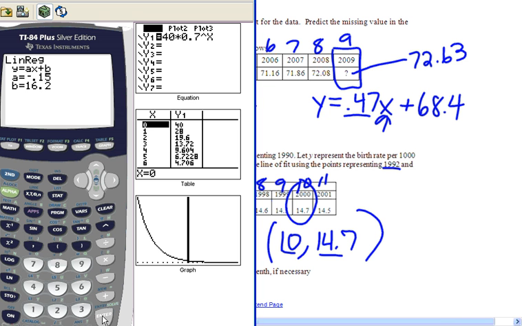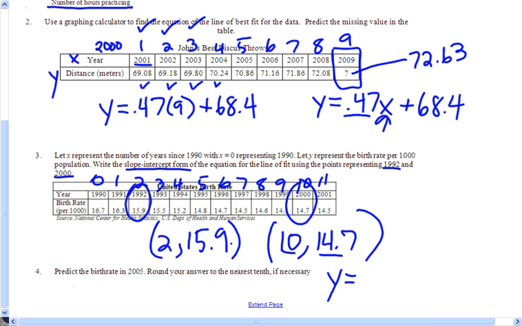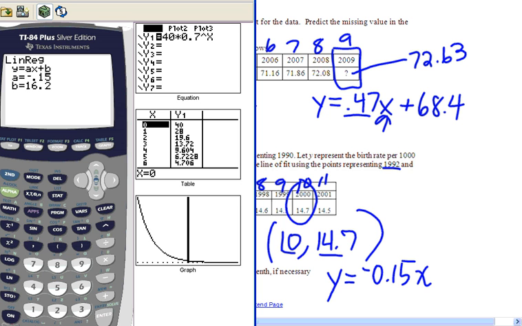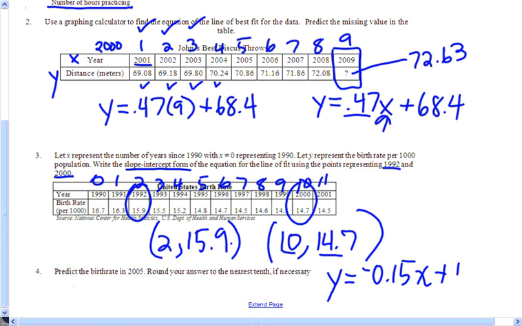The slope is negative 0.15, the y-intercept is 16.2. So we're going to write y equals negative 0.15x, and the y-intercept was 16.2, so plus 16.2.